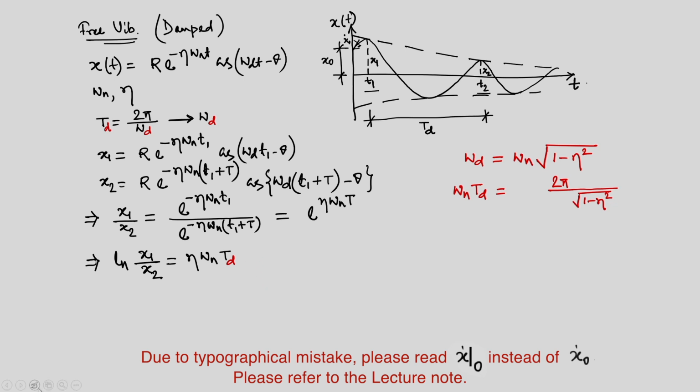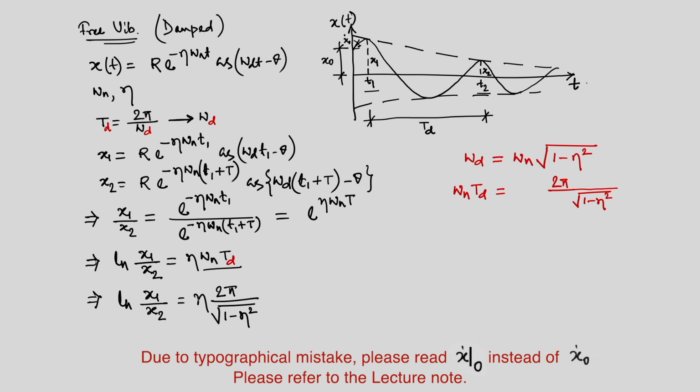So, if we put this in the expression, what we have is ln x1 by x2 will be equal to eta, in place of omega n times T d we have 2 pi divided by square root of 1 minus eta square.